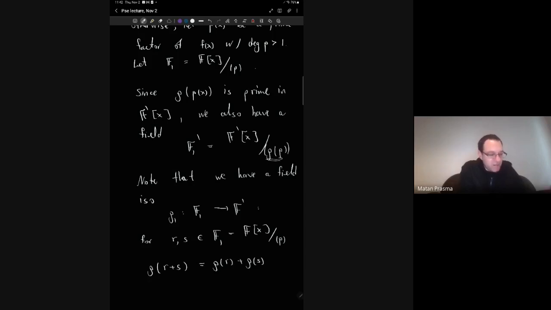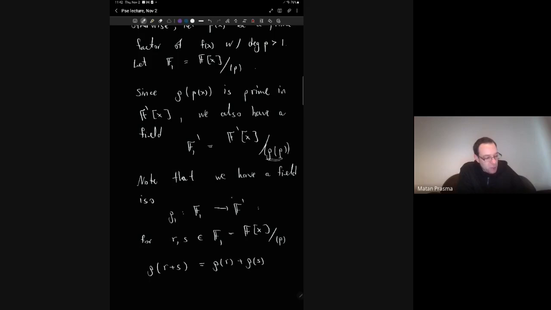I mean, this is kind of a tautological map. I started with an isomorphism of fields, and now I extended to polynomials, and I extended to polynomials modulo another polynomial, and so on. It always stays an isomorphism.